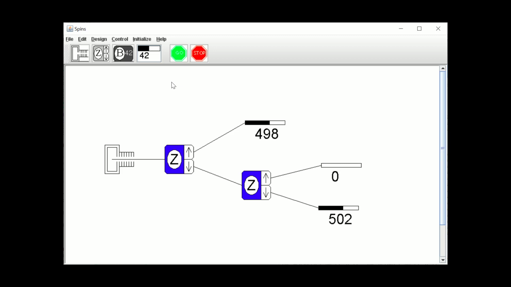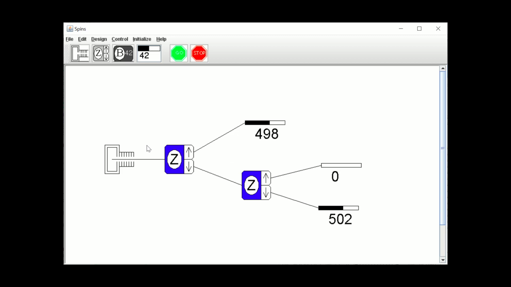If I send 1,000 particles through, the first analyzer sends half spin up and half spin down. If we then measure the spin-down beam for the z component of its angular momentum, all of them measure as spin down. So again, nothing very unusual in what we might expect for an experiment like this. If you measure it once and then measure it again, you get the same thing.